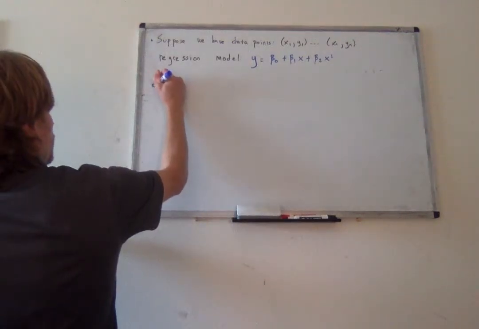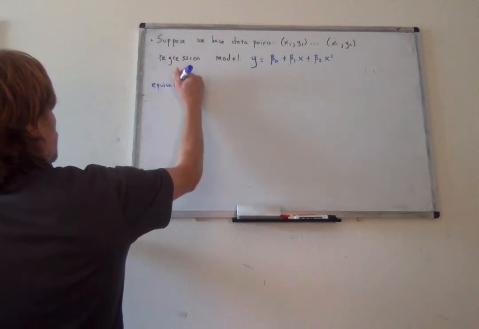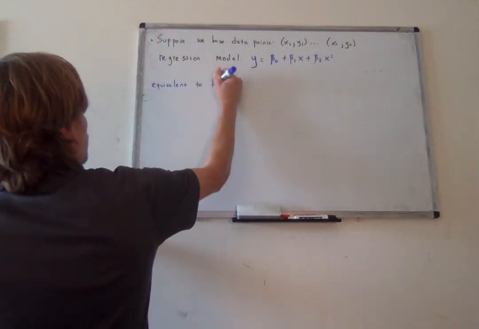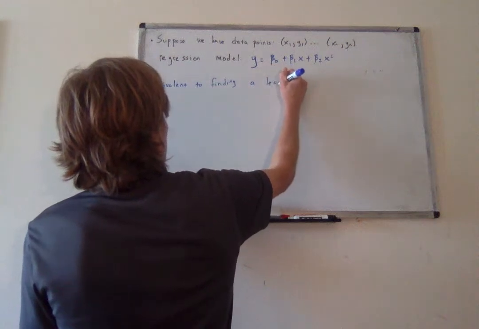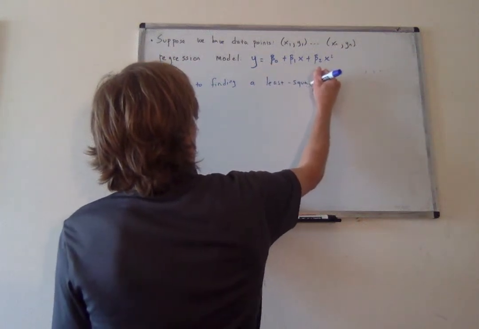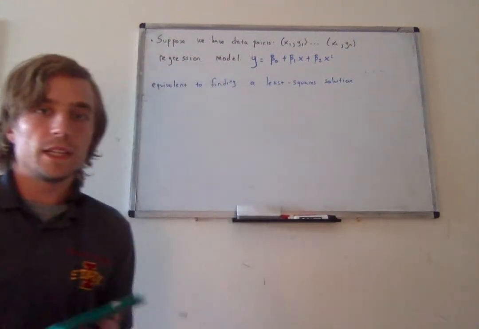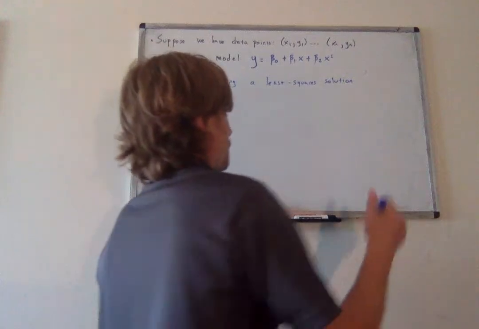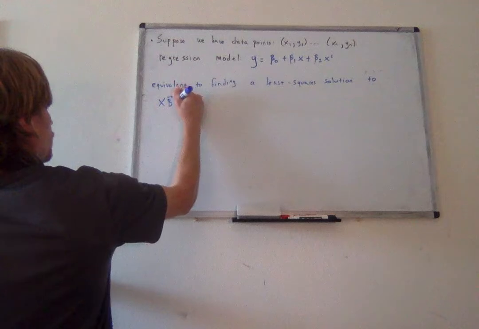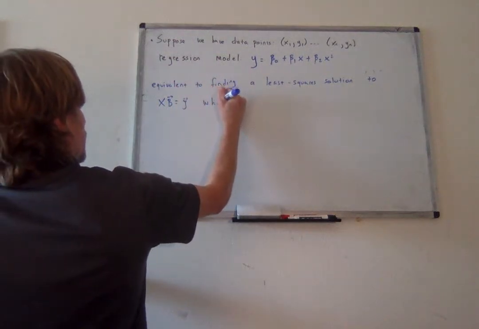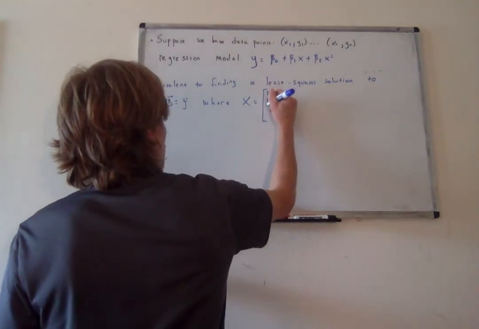And so this is equivalent to finding a least squares solution, again, given the assumption that our goal is to minimize the sum of the squares of the residuals, to Xb equals y, where this time for X, my first column is going to be all ones again.